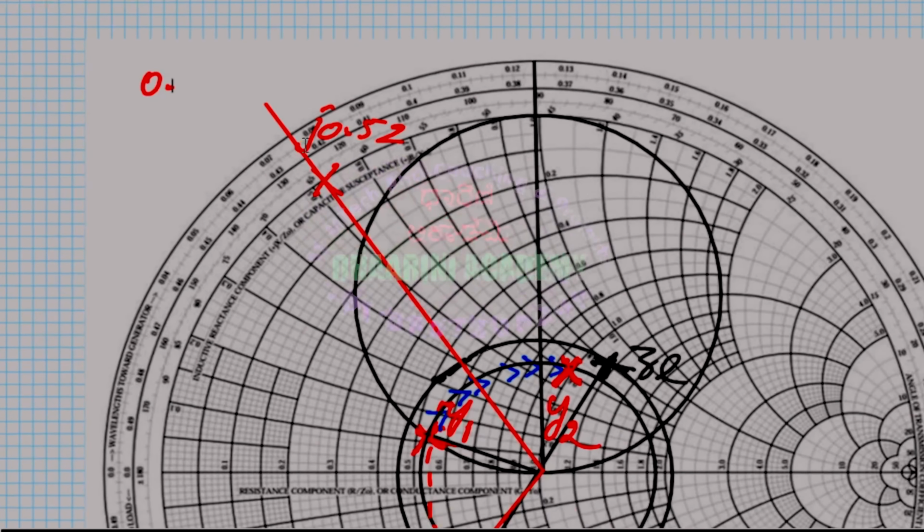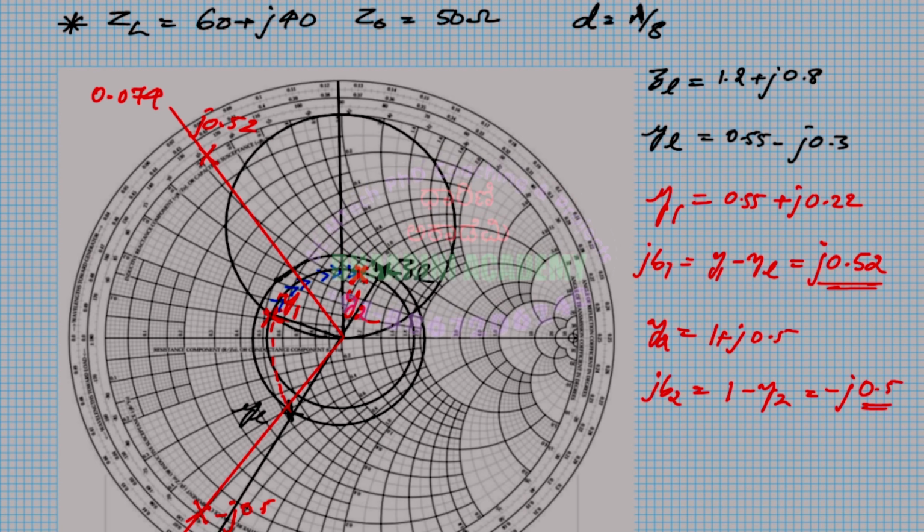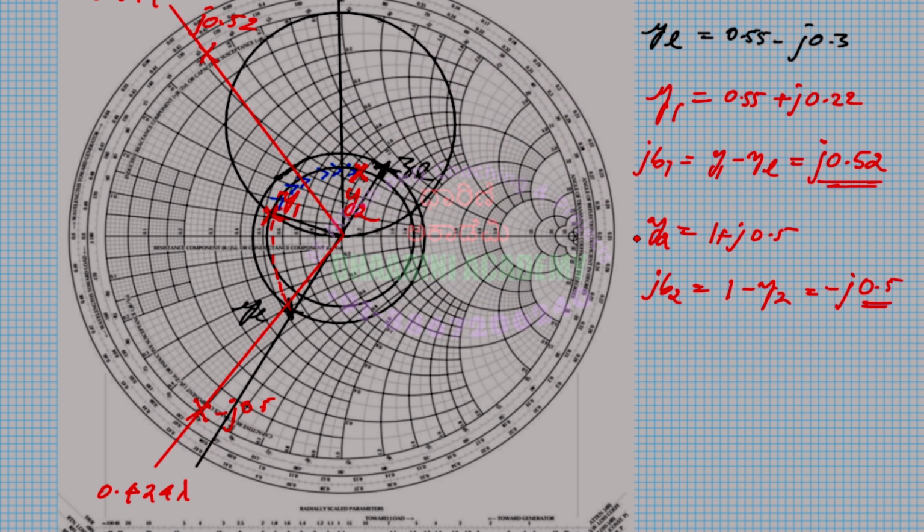We have just 0.55, 0.56, so somewhere in the middle. That's all. Okay. So that 0.07, correct? Okay. So that becomes 0.074. Now you see, I just have to measure the distance from this point. That point is right 0.25 lambda.